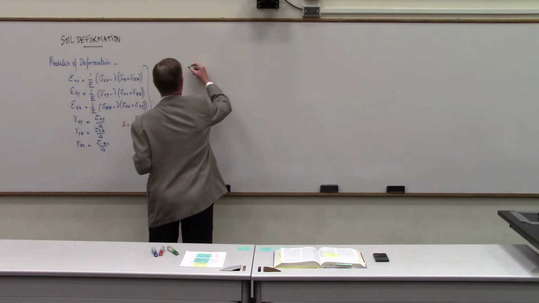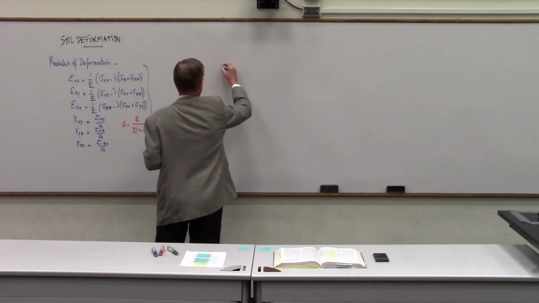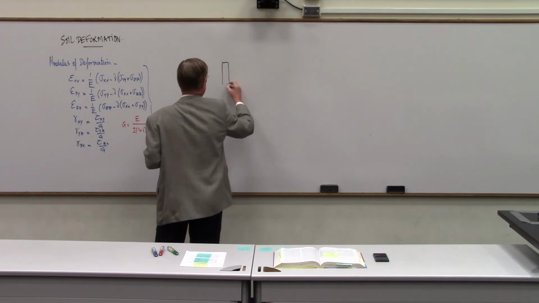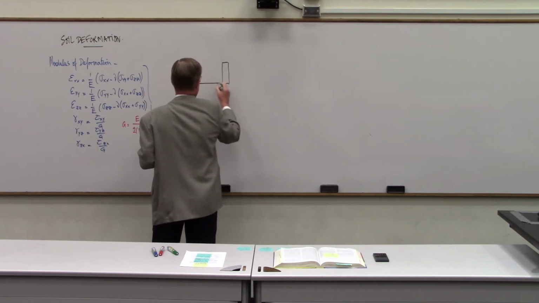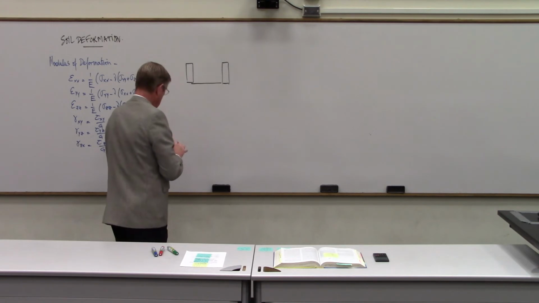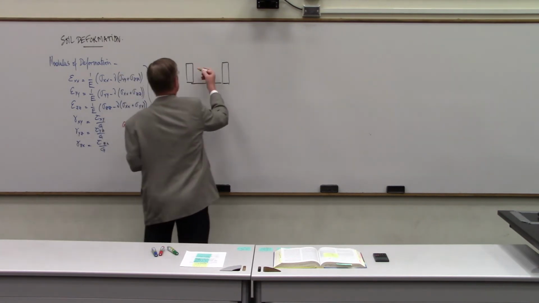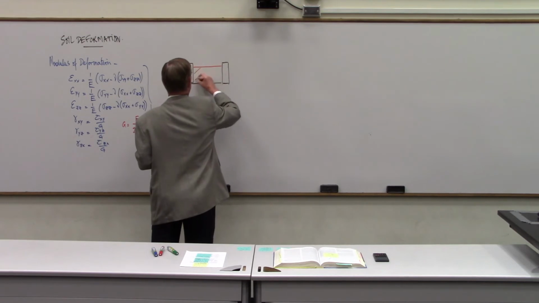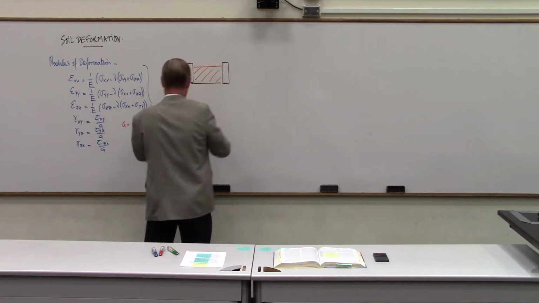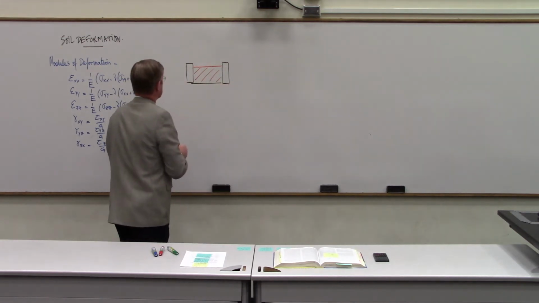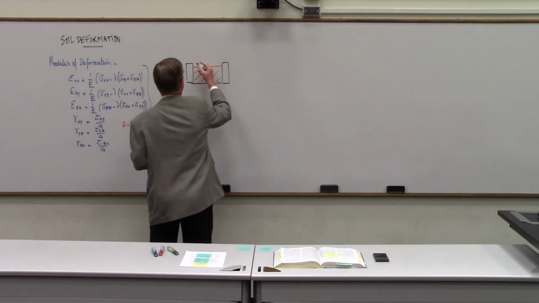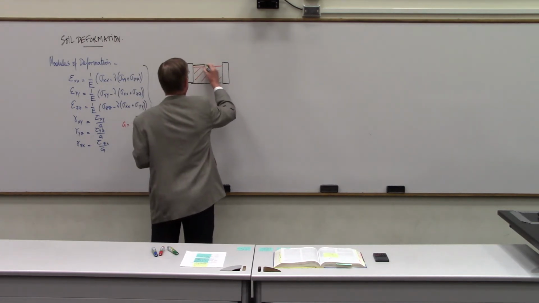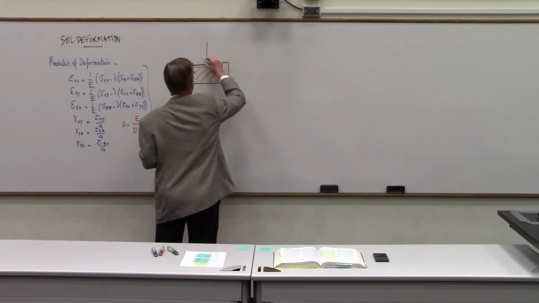We're going to take a container. It's a cylindrical container, and there's a bottom. And we're going to put the soil sample in it. So here's the soil sample. And then we're going to put a platen on top of it, and we're going to apply a load.